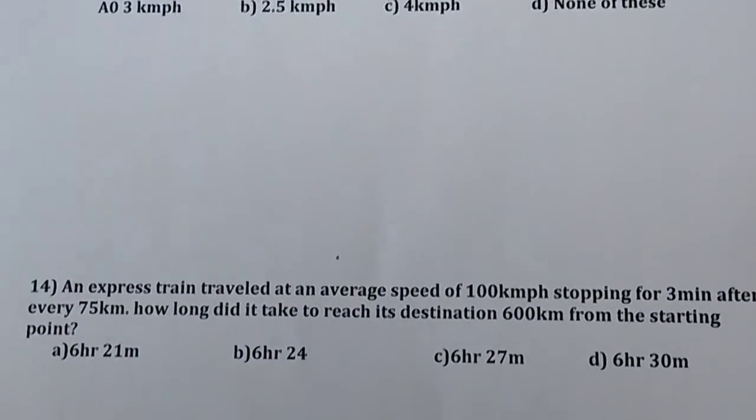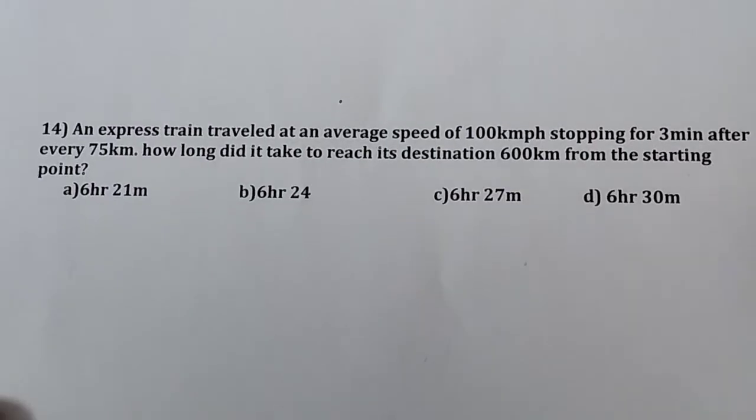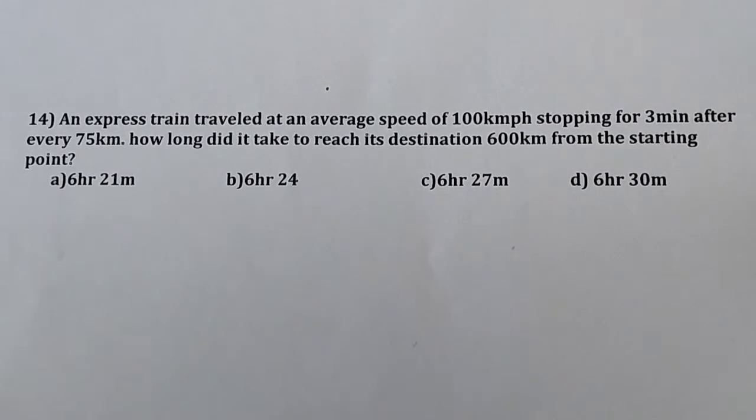Okay, now I'm explaining the 14th question. An express train traveled at an average speed of 100 kilometers per hour, stopping for 3 minutes after every 75 kilometers. How long did it take to reach its destination 600 kilometers from the starting point?